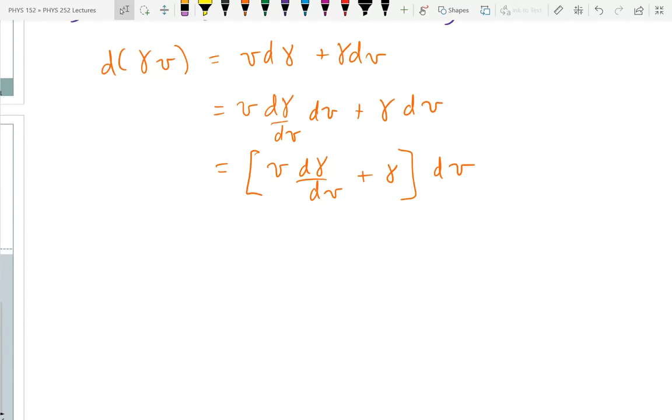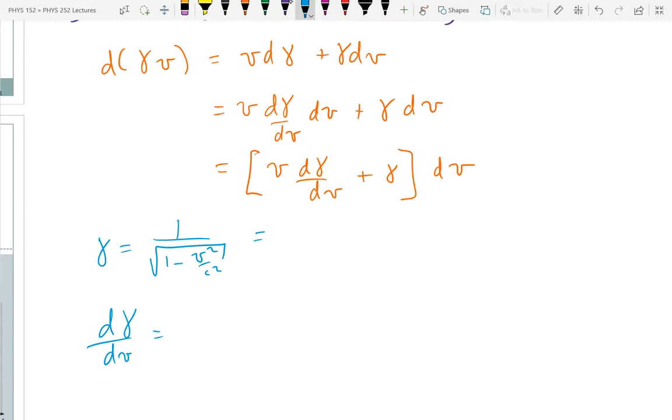And so now I'm going to take gamma and find the derivative of gamma. The derivative of gamma with respect to v, what is this? Doing the derivative.